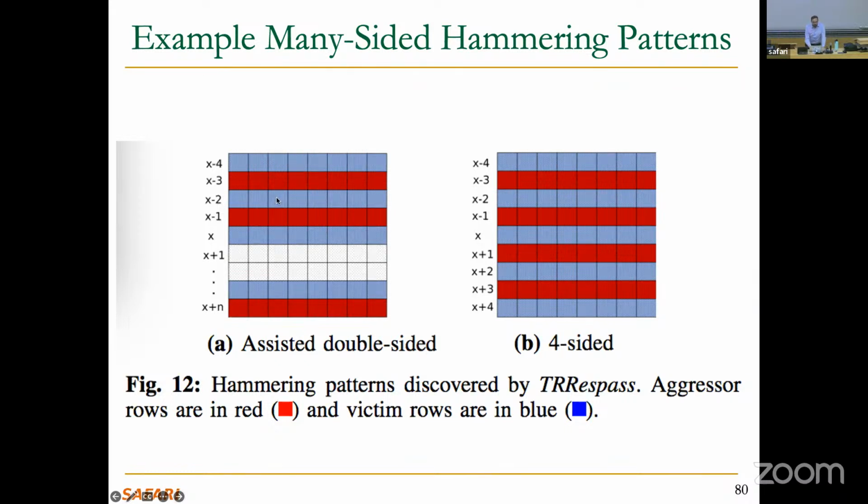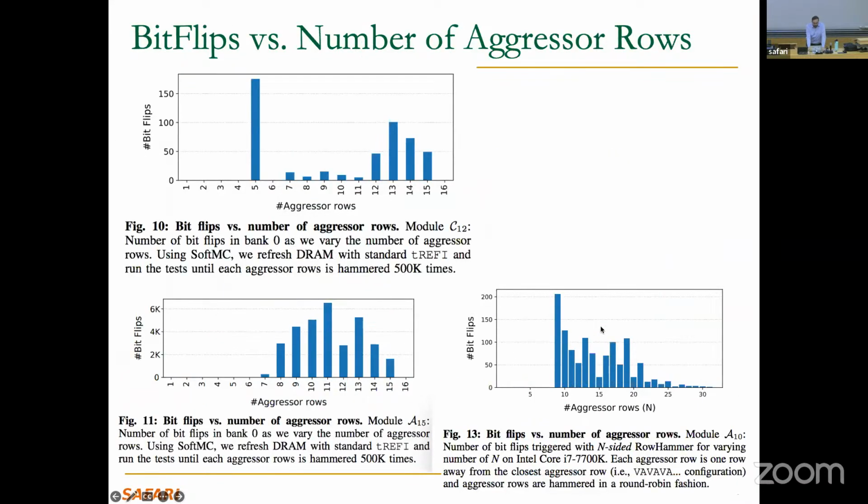And what they do here is that in this 4-sided version, for example, they assign 4 rows as their aggressor rows that are 2 rows apart from each other. And then they hammer them simultaneously, well, concurrently. And then this is enough for bypassing the deployed mechanisms and inducing bit flips.